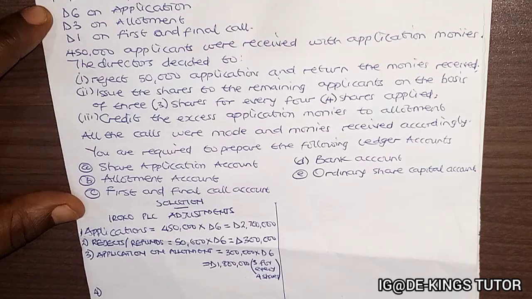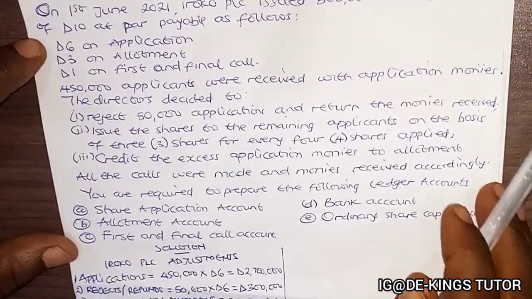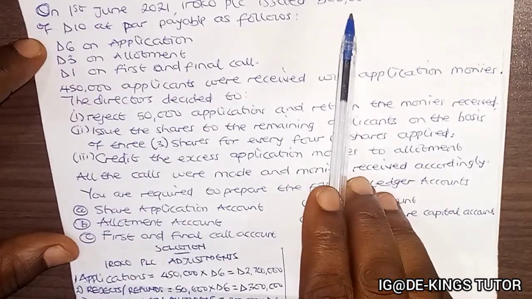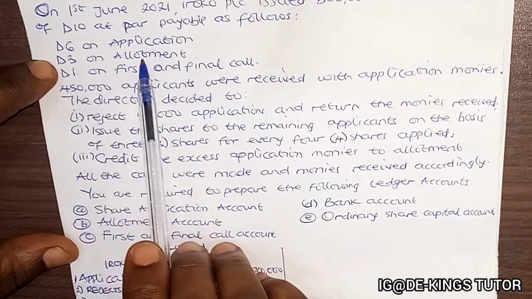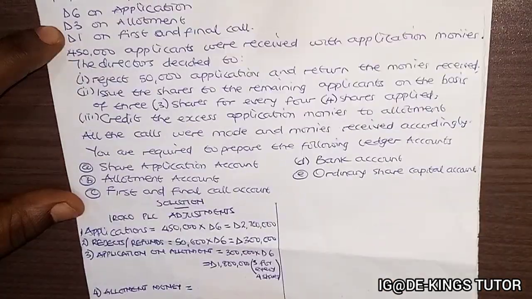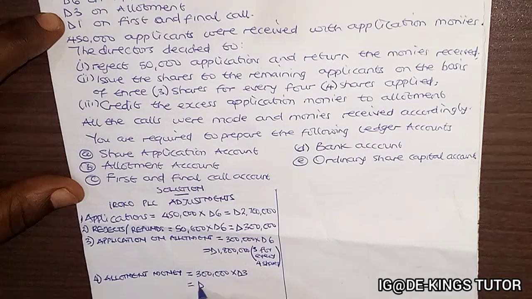Then the fourth is on allotment money. Now they will allot on the shares that are actually issued, 300,000, and the allotment amount that we paid is $3. So 300,000 times $3 gives us 900,000.